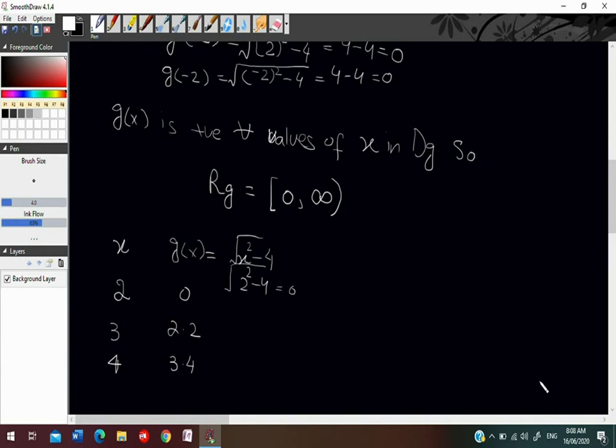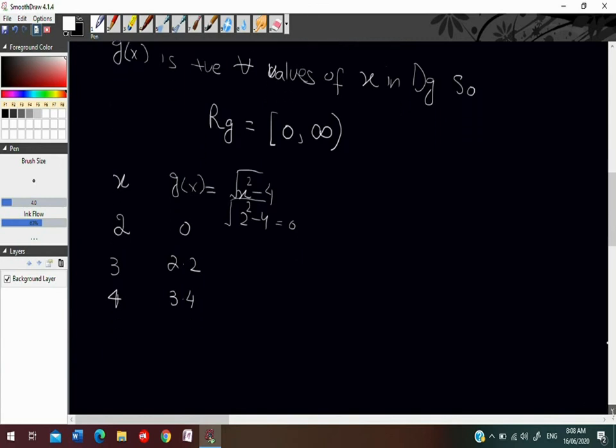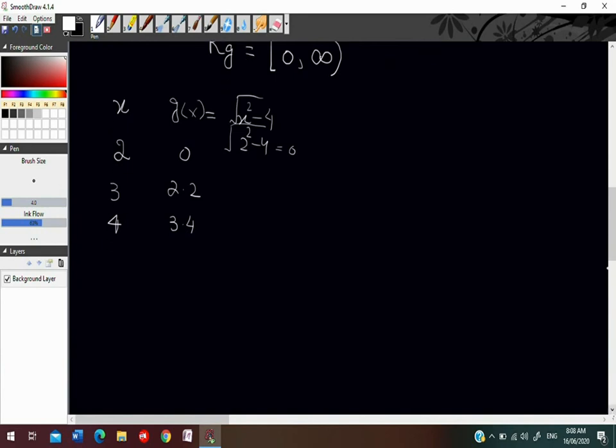And now you must use some negative values also. For -2, we have 0, and for -3, we have 2.2 again, and for -4, we have 3.4, and so on.